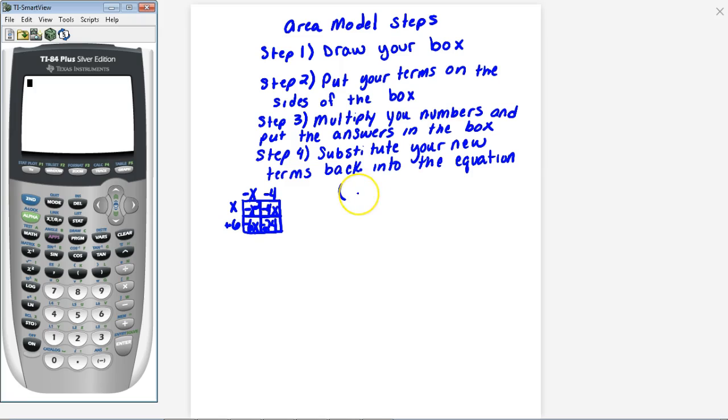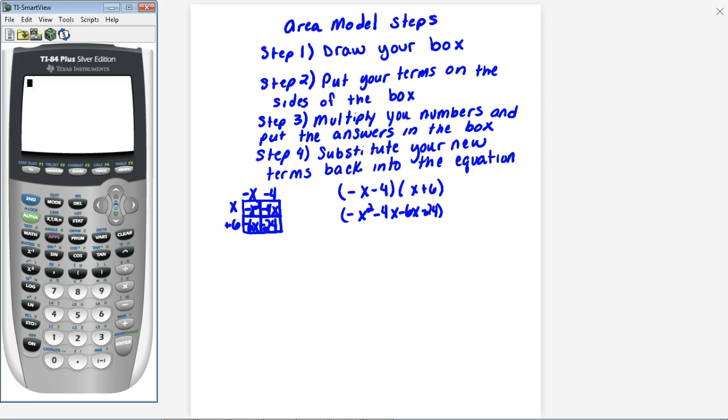So where I would have had negative x minus 4 times x plus 6, that's where I got the sides of my box. Instead, I have one set of parentheses that is negative x squared minus 4x minus 6x minus 24. And last step, just really quick, combine your like terms.